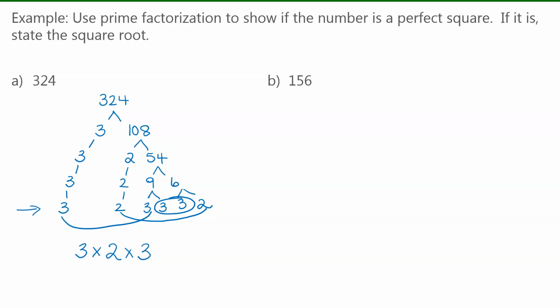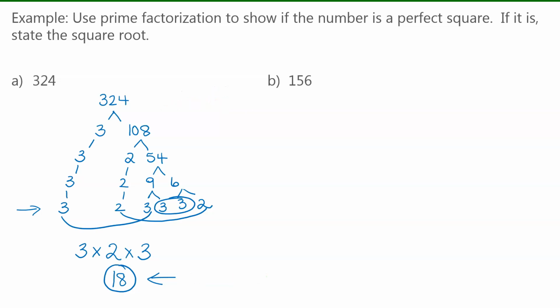So 3 times 2 is 6, 6 times 3 is 18. Because I was able to form pairs for all the prime factors, it was a perfect square, and then I take one number from each pair and multiply those together to get the square root. So 18 is the square root of 324.